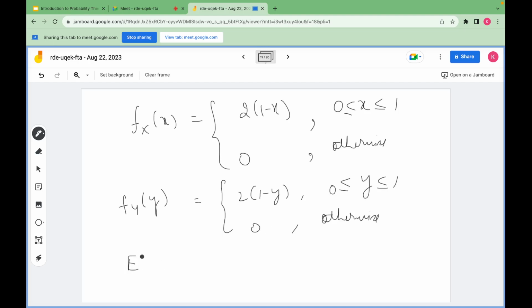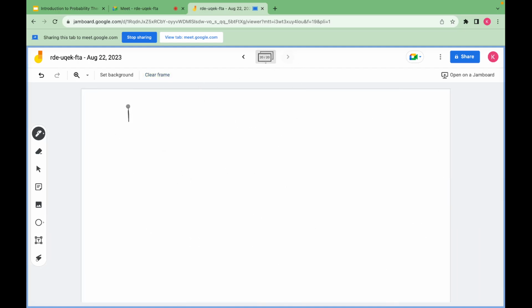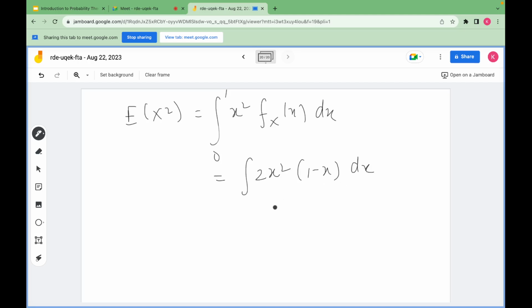Okay, so expectation of x is the integral of x into f x dx, where x is varying from 0 to 1, so this will come out to be 1 by 3, and similarly expectation of y is also 1 by 3. Now expectation of x square is the integral of x square f x dx from 0 to 1, so this is 2x square into 1 minus x dx from 0 to 1, which comes out to be 1 by 6.